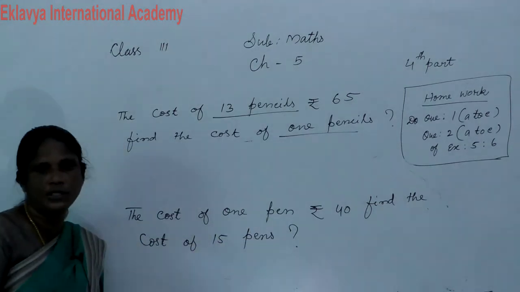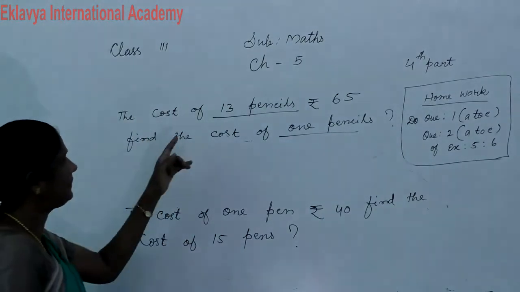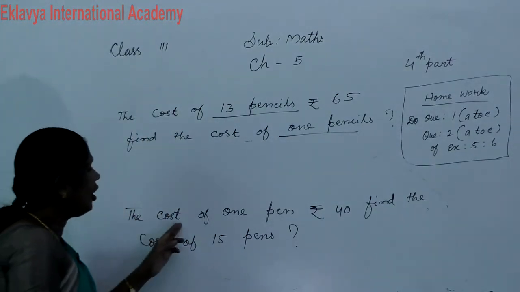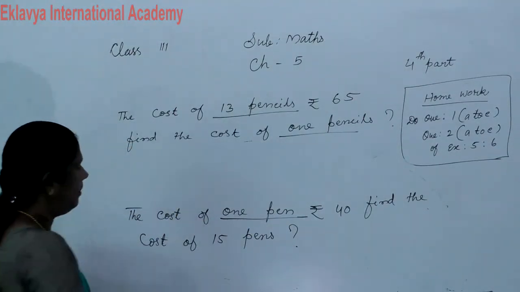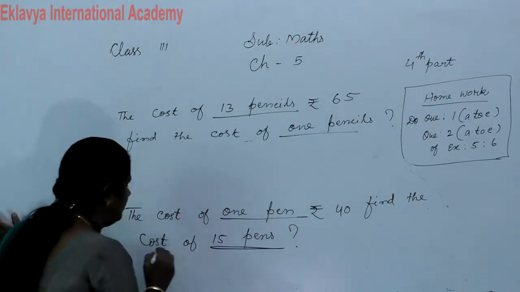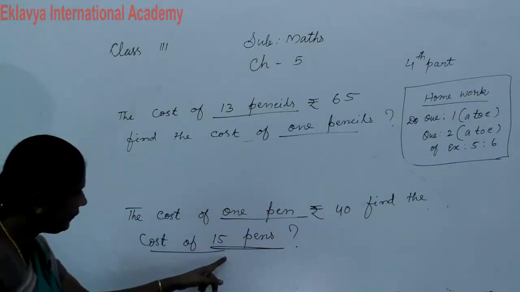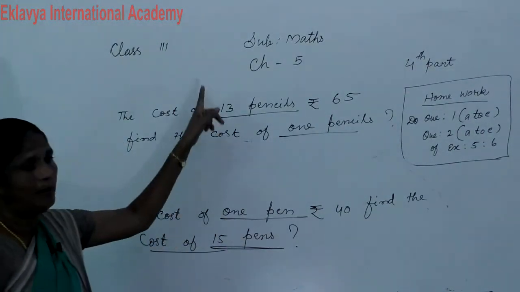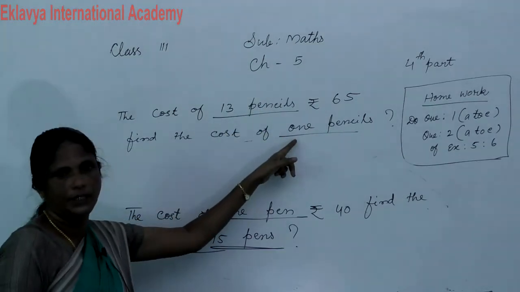In both questions, first read both questions. Here the cost of 1 pen, 1 given, many find. Here many given, 1 find. Understand?